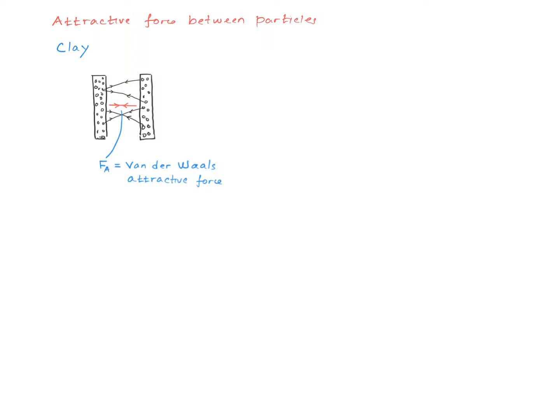Now let's talk a little bit about attractive forces between particles. When you place two clay particles close to each other, like in this picture, molecules from one particle interact with the molecules from the other particle. This brings about a force between the two particles, and this force happens to be an attractive force called van der Waals attractive force.